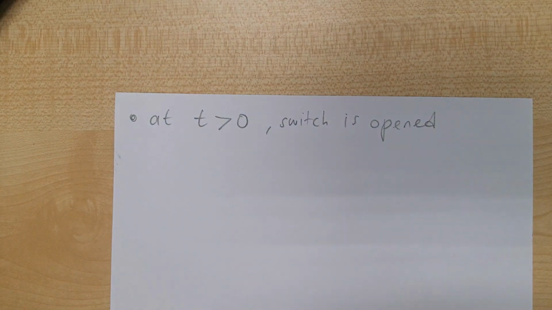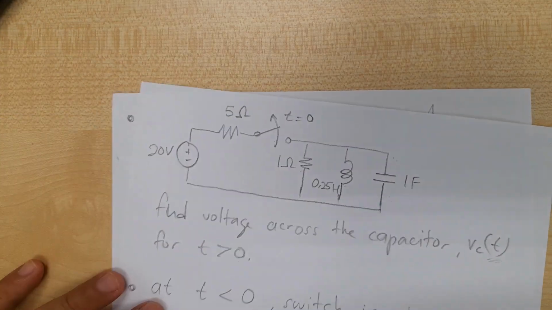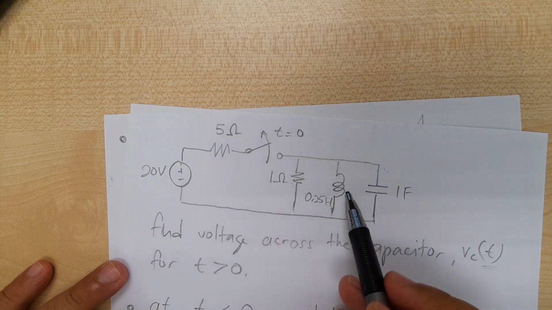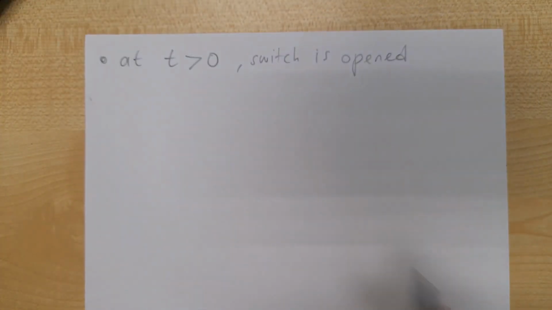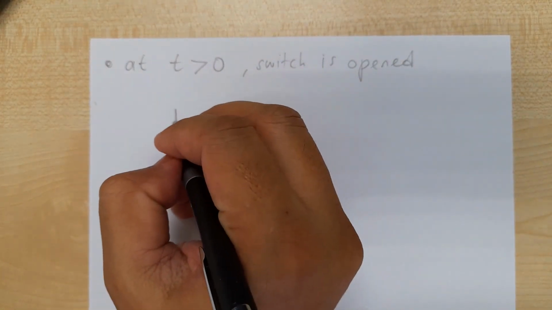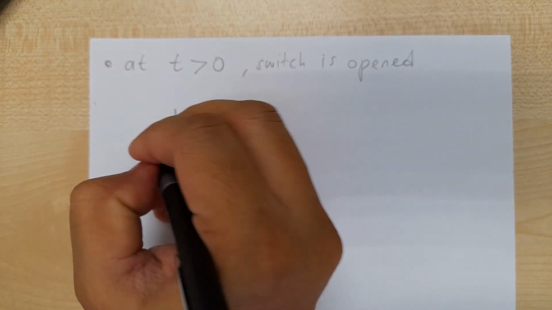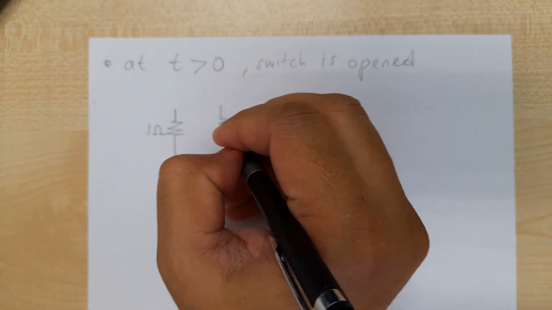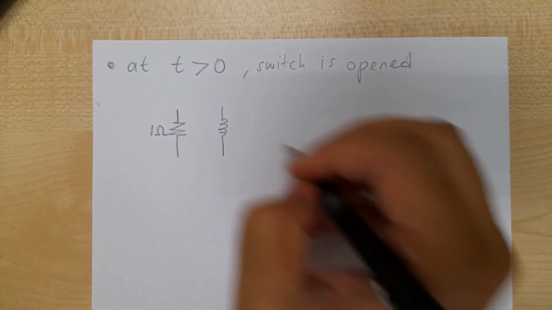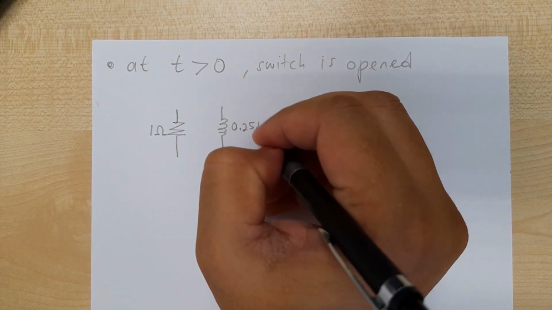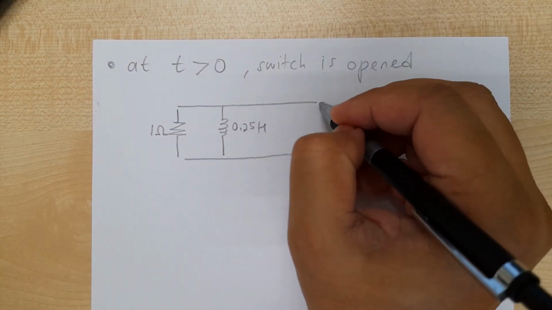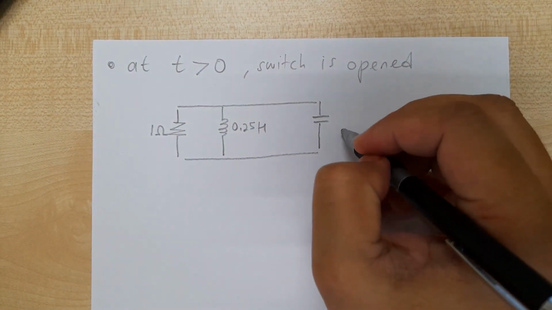Now when the switch is open, what we have is only the resistor, inductor and the capacitor. We have the resistor, which is 1 ohm, the inductor, which is 0.25 Henry, and the capacitor, which is 1 farad.